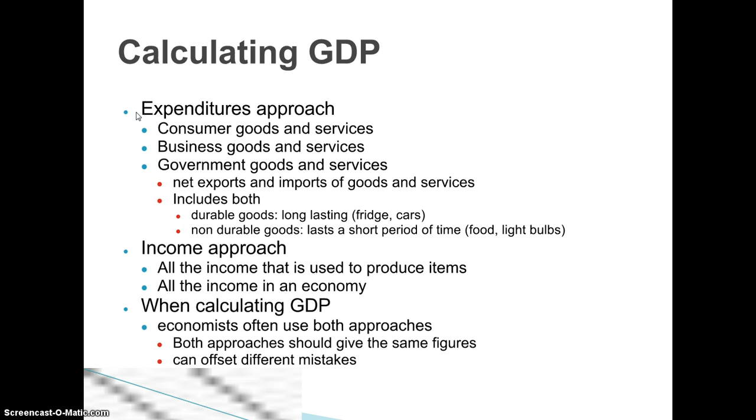So how much does it cost to produce a roll of toilet paper? And then you look at everything that goes into it, everything that's spent on the wood you need to turn into paper, the processing of the factory, and so on and so forth, to get that roll of toilet paper to your bathroom. The income approach looks at, as it says, the income, what people actually make.